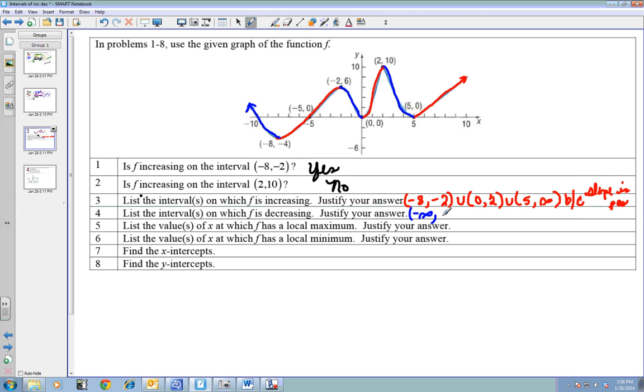So negative infinity to -8, unioned with, from here to here, that would be -2 to 0, unioned with, from here to here, that's going to be from 2 to 5. And we know that because the slope of the tangent line, or because the slope is negative.